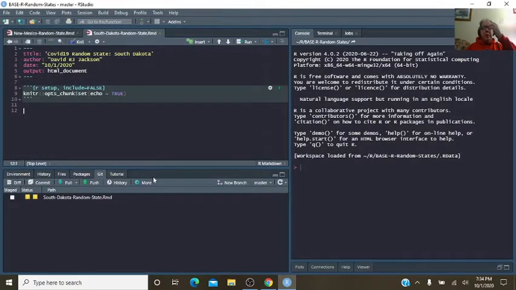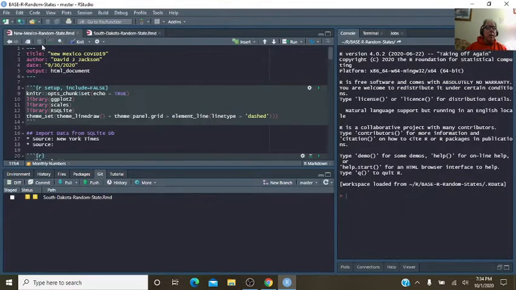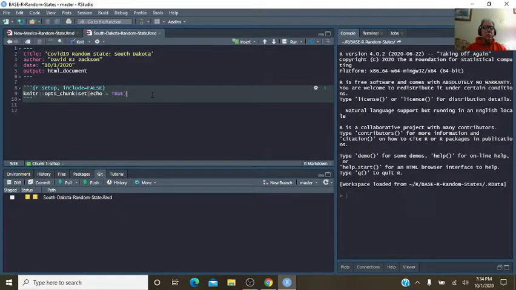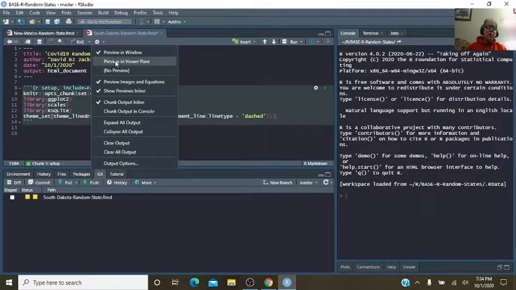Okay, so here we go. Let's come back over here. Let's add in our header information. Let's try something a little different here. Let's try program and view pane.